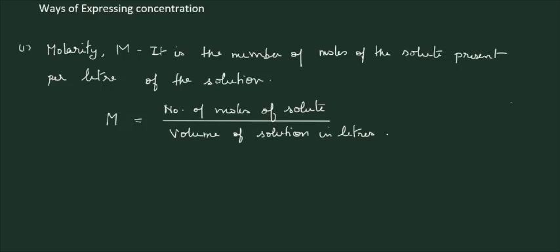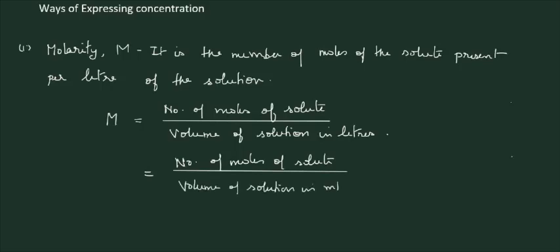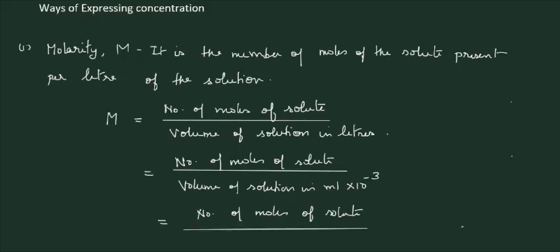If volume is expressed in terms of milliliters, we can write this as number of moles of solute divided by volume of solution in milliliters into 10 raised to minus 3. That is, if we are given 2 milliliters, it has to be converted to liters by multiplying with 10 raised to minus 3. This is equal to number of moles of solute divided by volume of solution in milliliters into 1000.